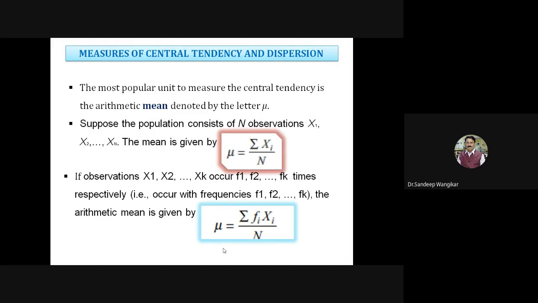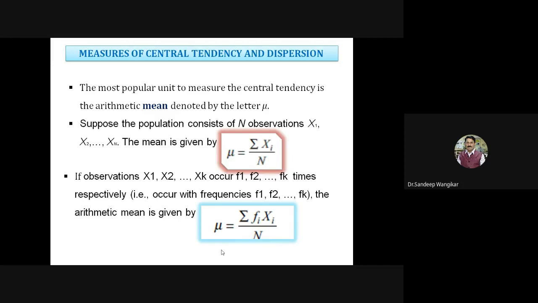In the first example, there are 10 samples, 10 different readings. The summation of that divided by 10 gives the mean. But in the second case, the readings occur different numbers of times. For the first case, x1, x2 and so on, there are again 5 cases, and each reading will appear several times.